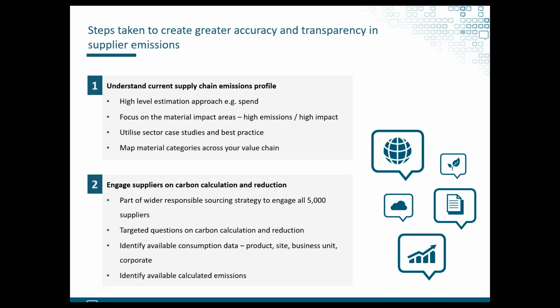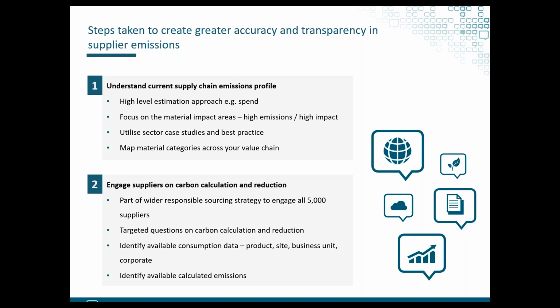Step 2 is then enabled through our supplier portal solution, and this can form part of a wider responsible sourcing program in which the full supplier population is engaged, and that could be, for example, on supplier codes of conduct, attestations, and much wider subject matter areas.